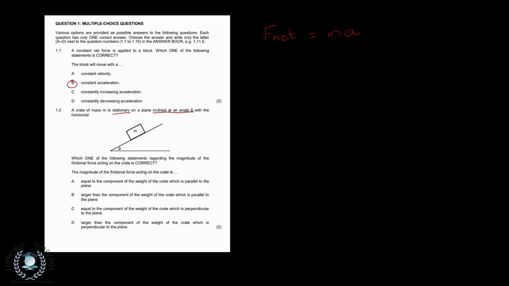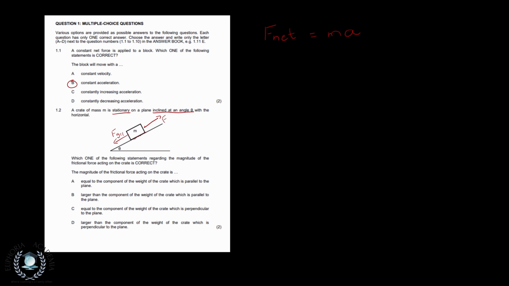So we do know that we have our forces acting parallel to the plane like that, as well as that. So that will be the component of gravity. That will be Fg parallel to the plane, and since this thing is not moving, we should have some sort of friction here.